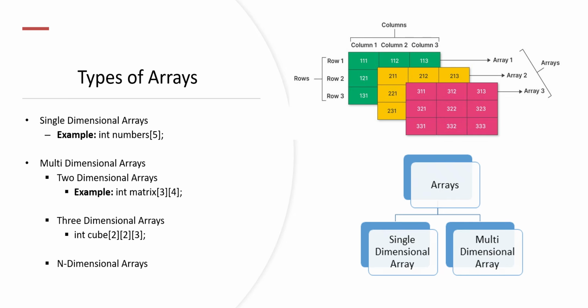So arrays are classified as single dimensional and multi-dimensional. Under multi-dimensional we have two-dimensional arrays, three-dimensional arrays, and n-dimensional arrays. Multi-dimensional arrays are used in matrices, images, and game boards.